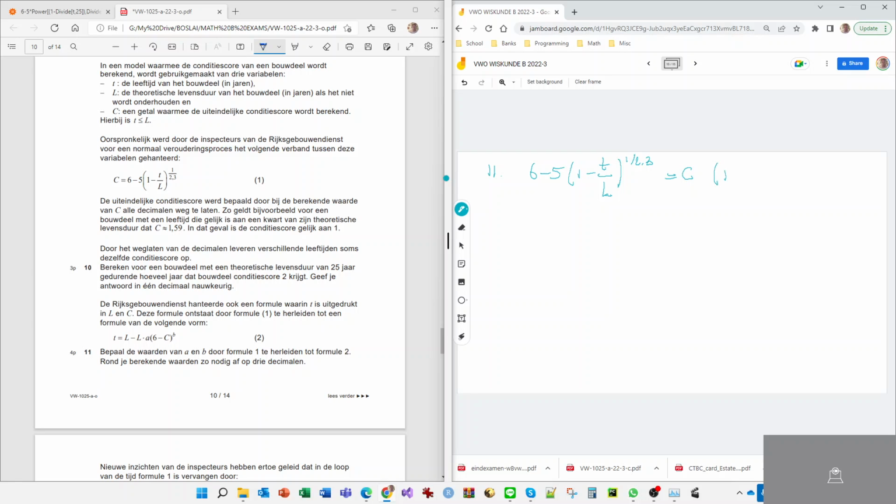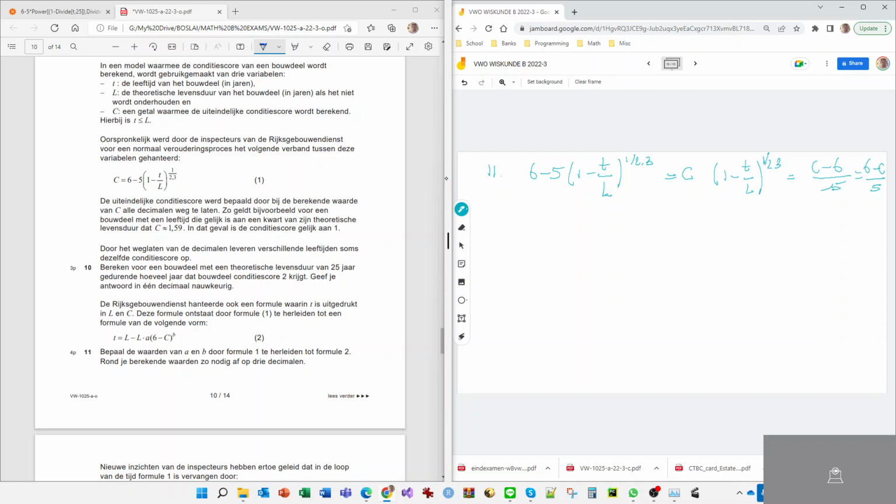And you get 1 minus T divided by L to that same power is (C minus 6) divided by minus 5. We see our 6 minus C already occurring, and let's write this a little bit prettier as (6 minus C) divided by 5.